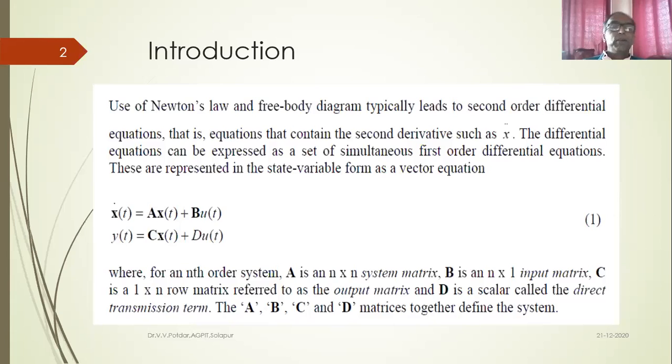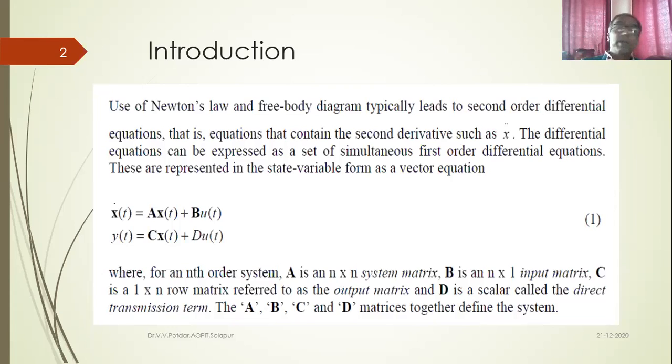Okay, so u is my input function, y is my output function, and x is my state variable, remember. And second equation, y of t, the output, is equal to C x of t plus D u of t. So I can convert those second order differential equations into these two sets of equations.